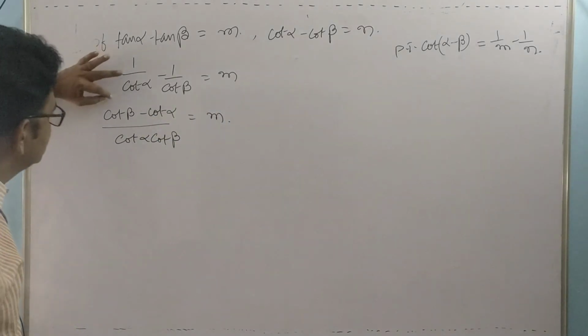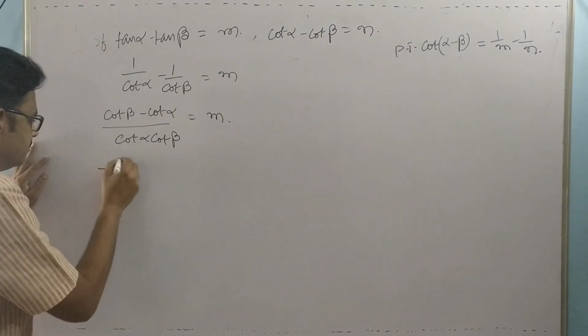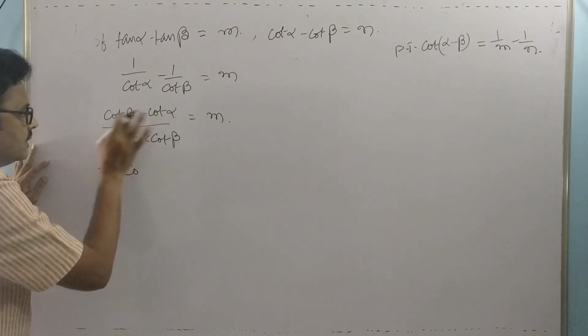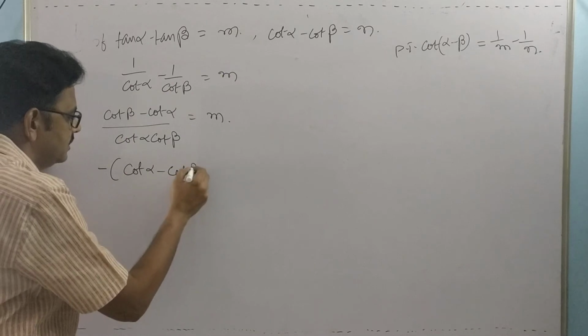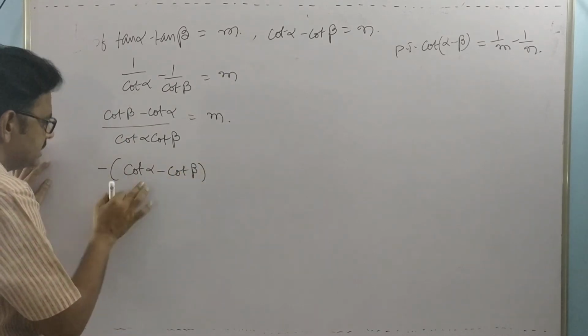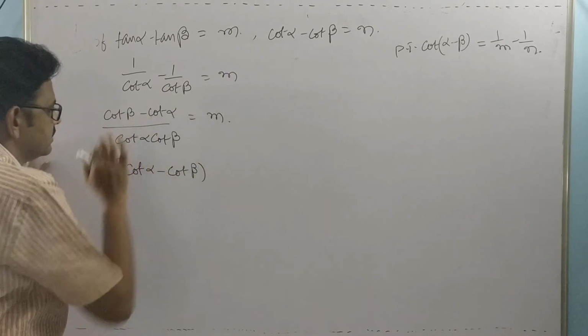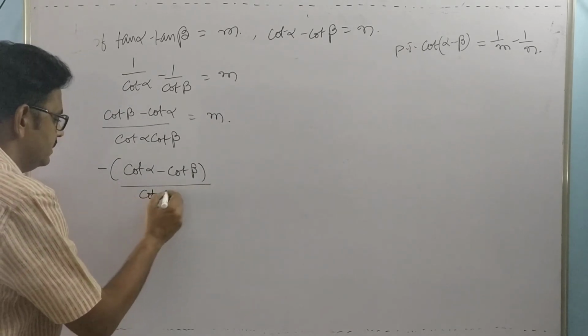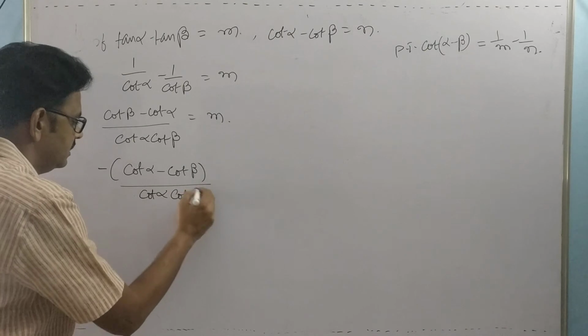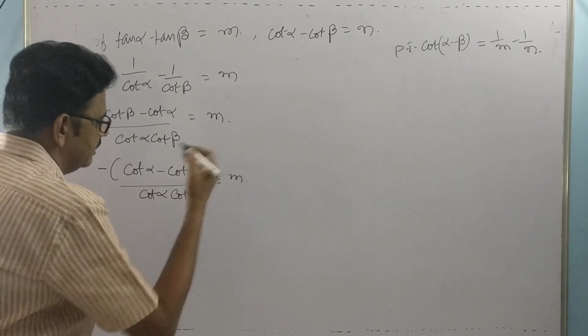In this one, if you take minus common, this is −(cotα − cotβ)/(cotα cotβ) = m.